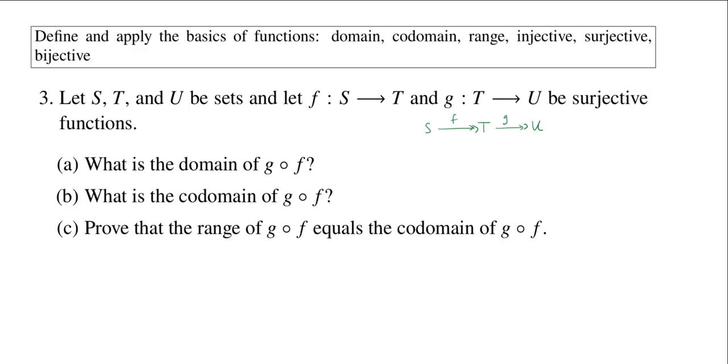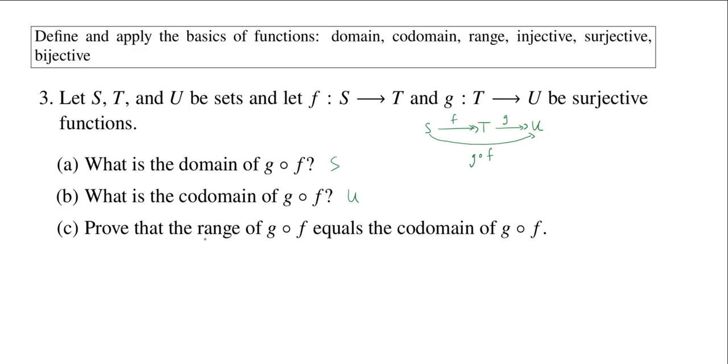The first question is what is the domain of the composition? Okay, so composition is what happens when I do this entire map now, going from S to U, right? Which is given by first applying f and then applying g. So the domain of this function is S, and the codomain of this function is U.